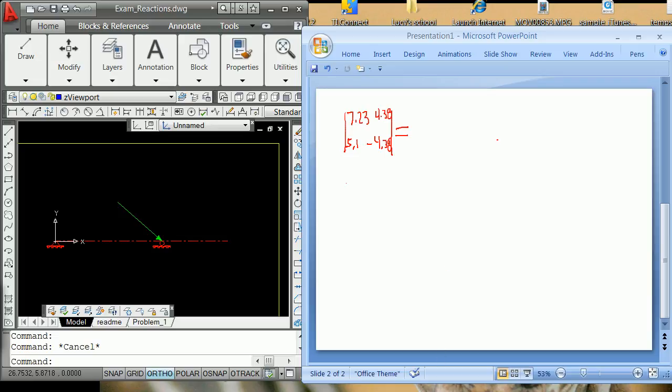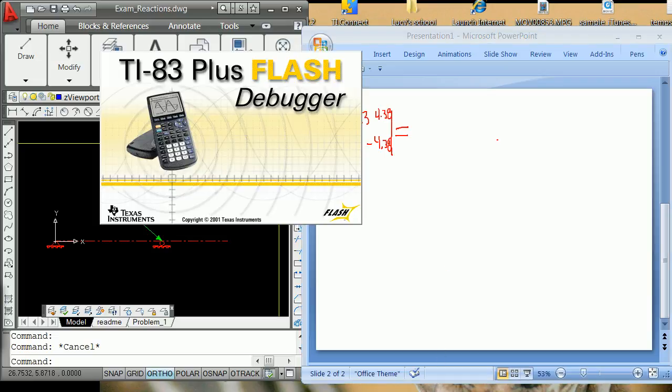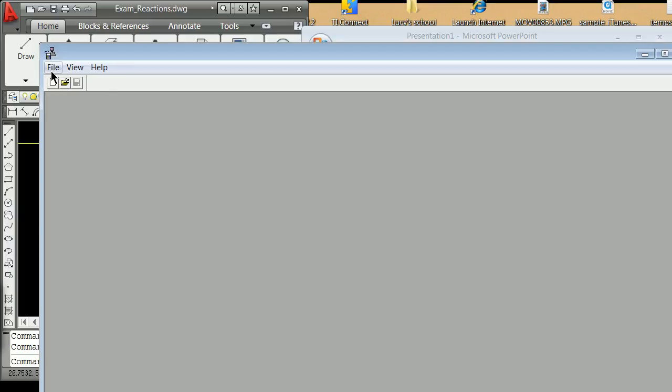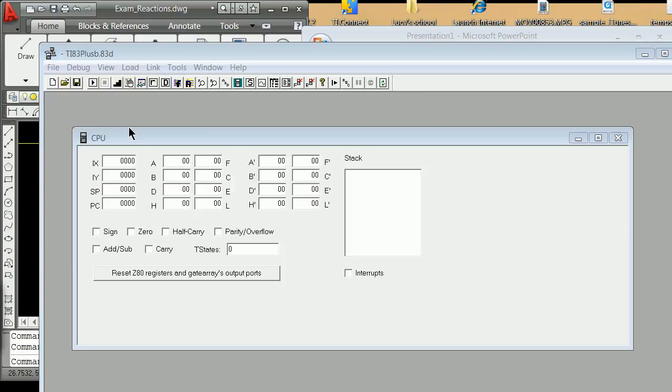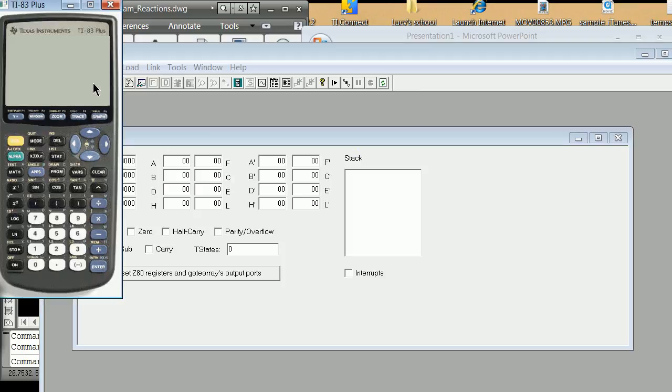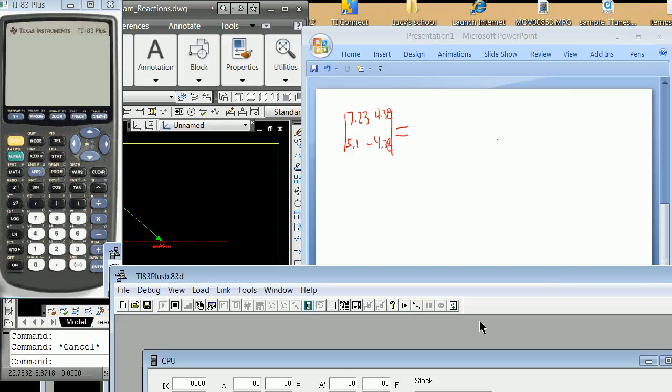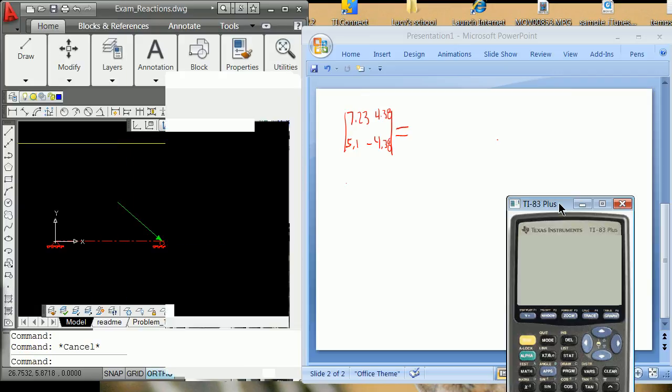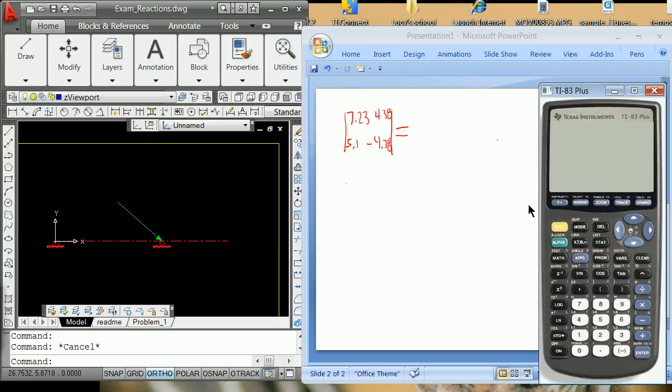If we can overwhelm the screen, let's overwhelm the screen. This is why you carry around a calculator. And so right here, I'll put this one off to the side, and you can plug in, right?